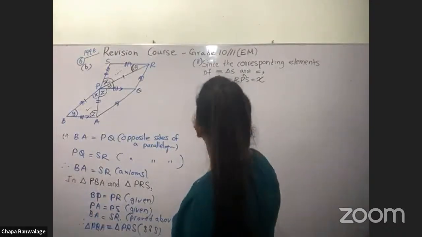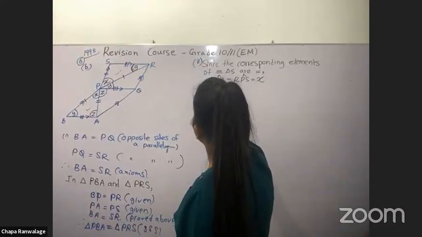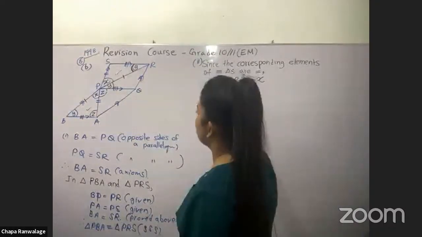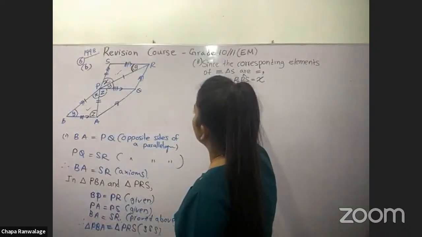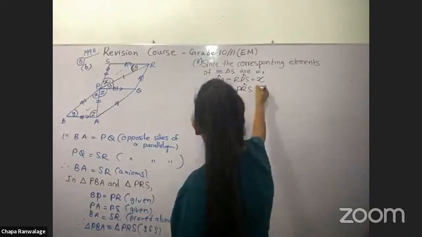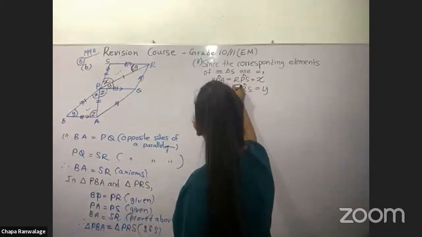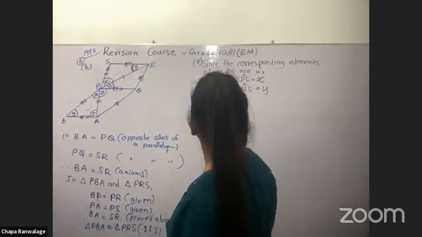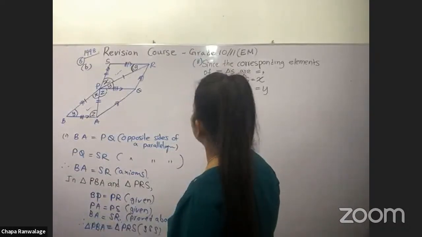And PBA, look. PBA is equal to PRS, which equals y.